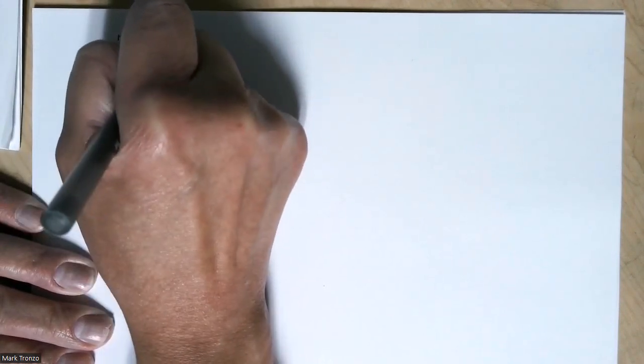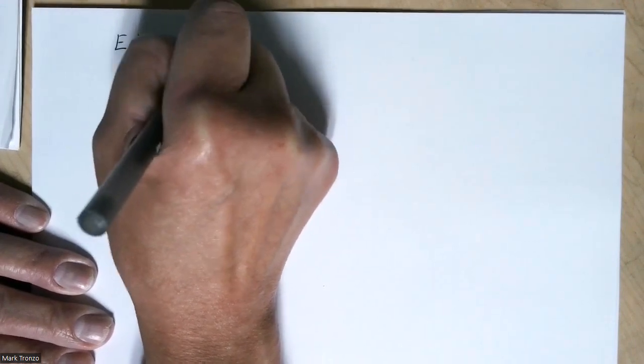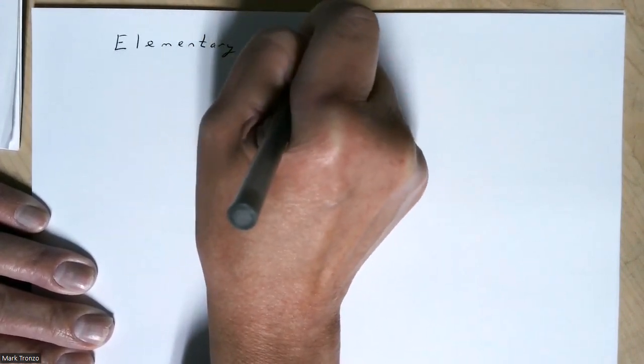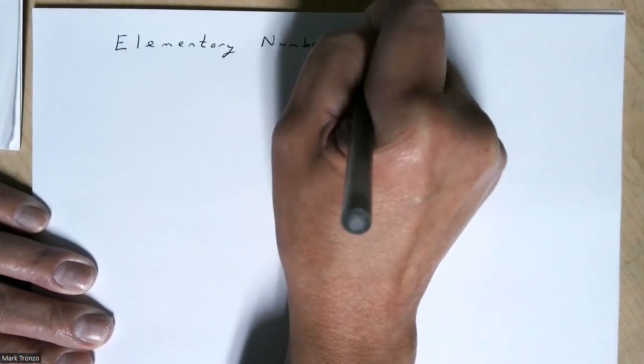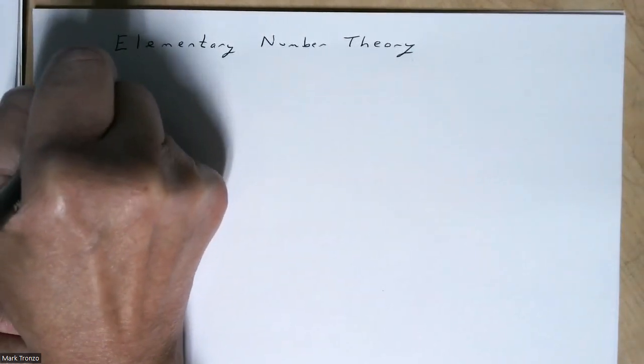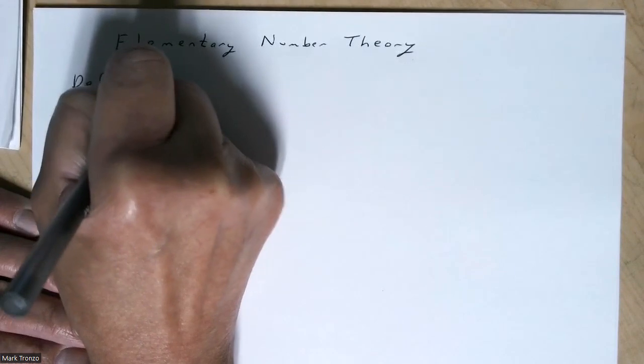Now we're going to take a look at elementary number theory. And we start with a definition.